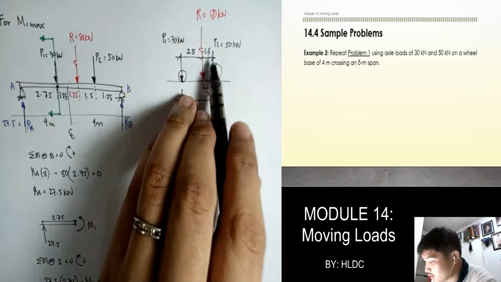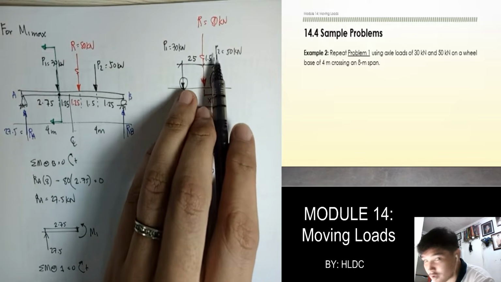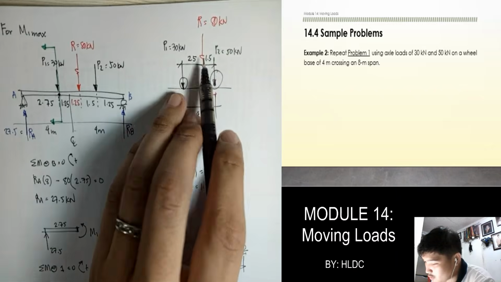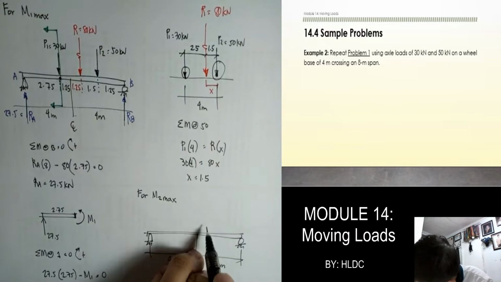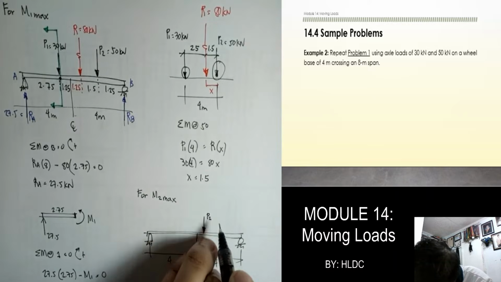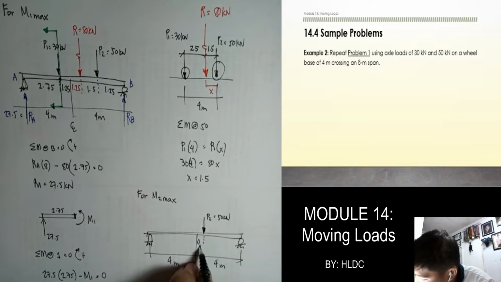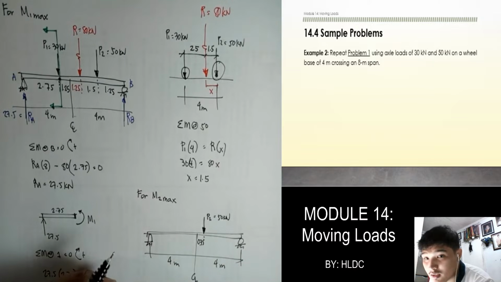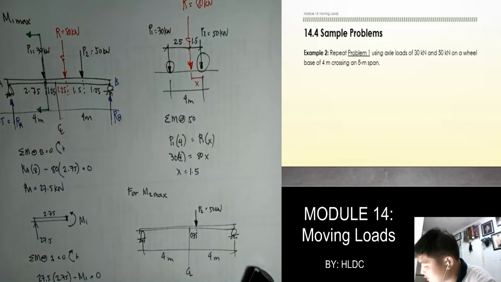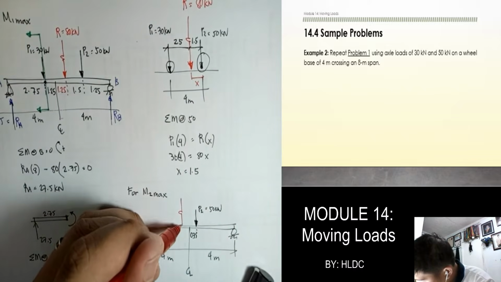And then, sabi, locate natin yung gitna, no? Nung considered load natin and then yung resultant. So, 1.5. So, 0.75. So, dito is yung P2 na 50 kilonewtons. So, ang distance nito is 0.75. And then, on the left side naman, dito yung resultant.